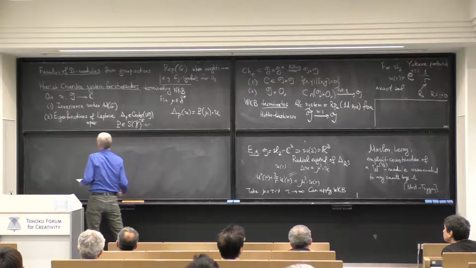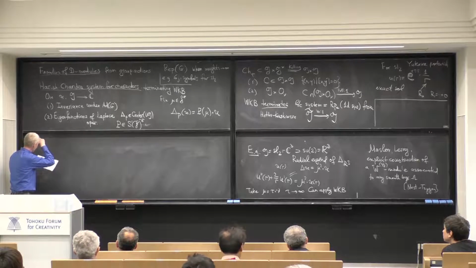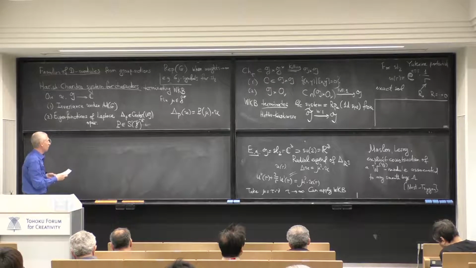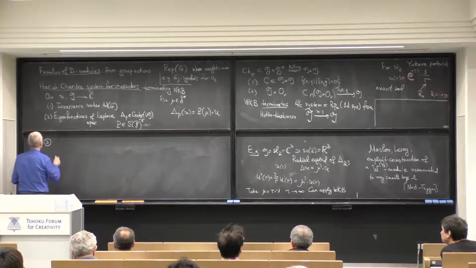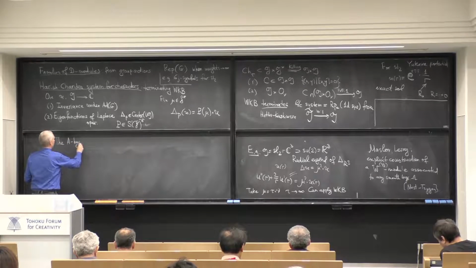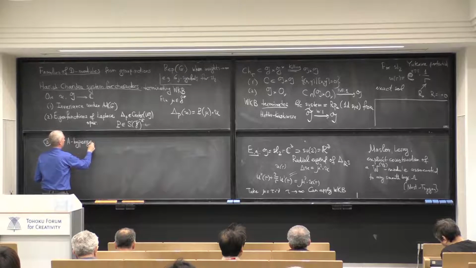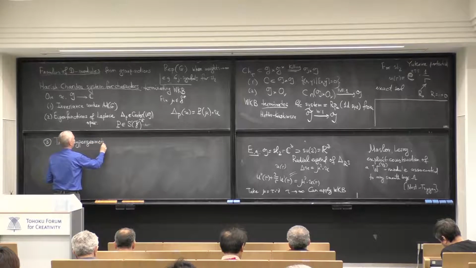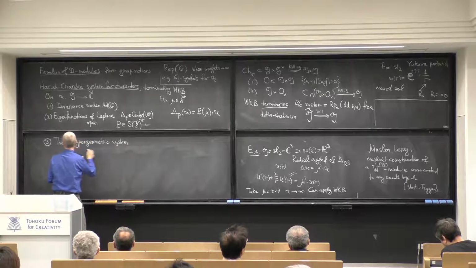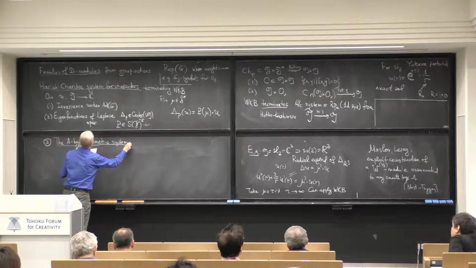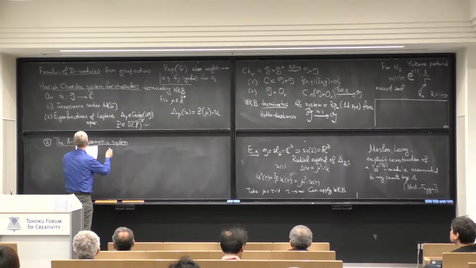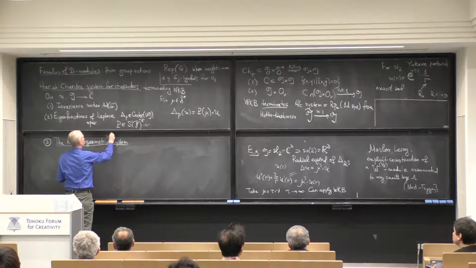So now let me consider another example, which is slightly more involved, or maybe even less involved, depending on the point of view. It is the hypergeometric system of A. So here there was terminating WKB, and here it will be reduced to stationary phase.